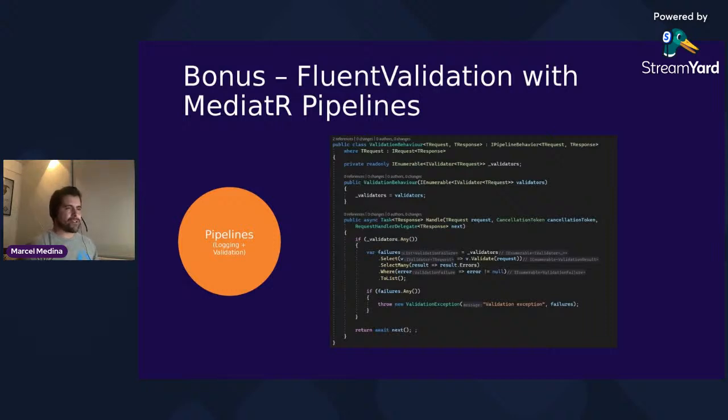I put a screenshot in here that shows I'm implementing IPipelineBehavior, and there's a method called Handle. When it comes in here, you can see that I'm trying to run a validation. The last line has await next.